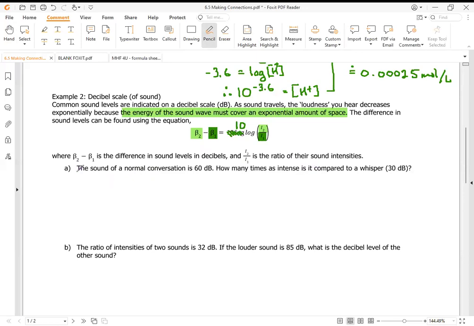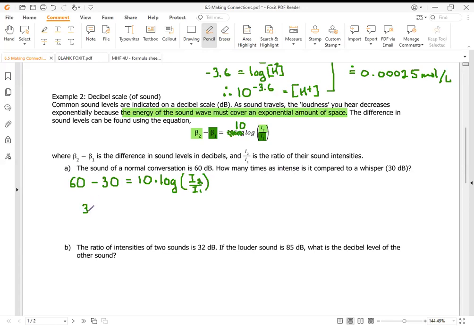So let's pretend I have dB of 60 minus 30, which establishes the intensity in the numerator to be from the conversation and the intensity of the denominator corresponding to the whisper. 60 minus 30 is equal to 10 times the log of I2 over I1. How many times as intense is it?